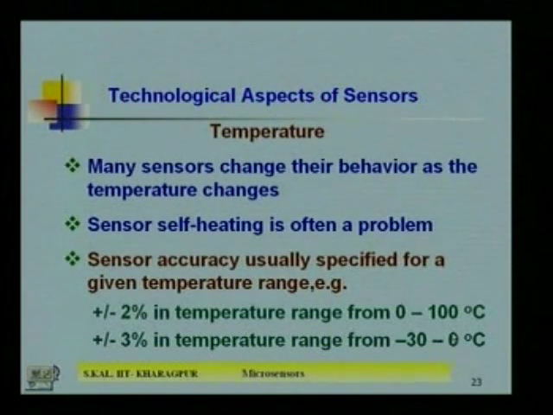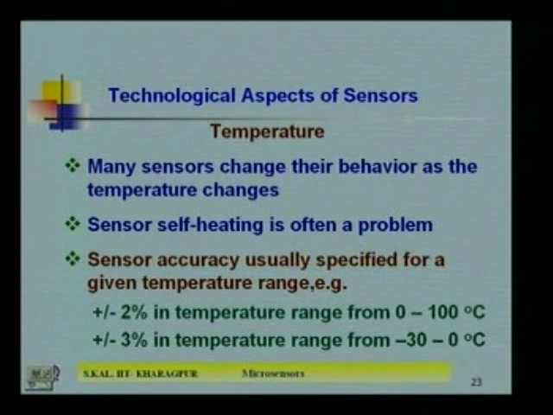Next one is the temperature. Many sensors change their behavior as temperature changes, because many of the materials which are used in sensors have properties that are dependent on temperature. That is why the complete output performance of the sensor changes with the temperature of operation. Another is the self heating.